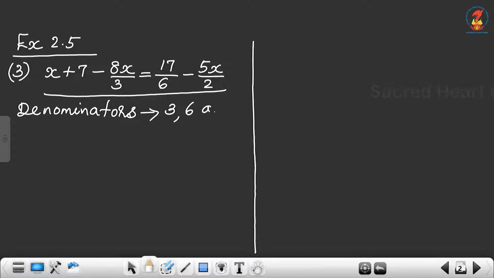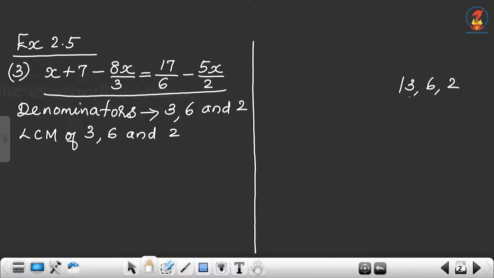So we have to find the LCM of the denominators, that is, the LCM of 3, 6 and 2. What is the LCM of 3, 6 and 2? Using 3 we can start, then 2, then 2 again, then 1, 1, 1.